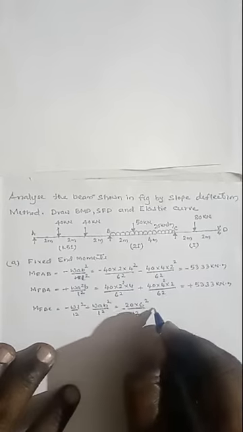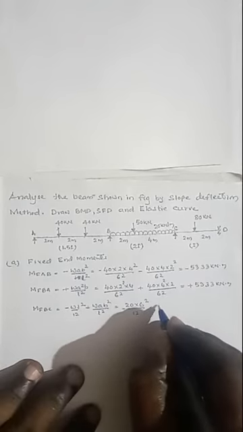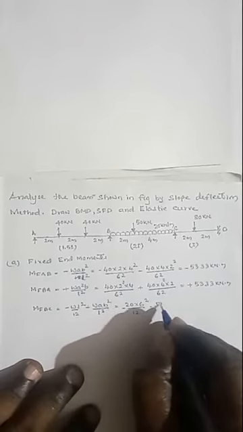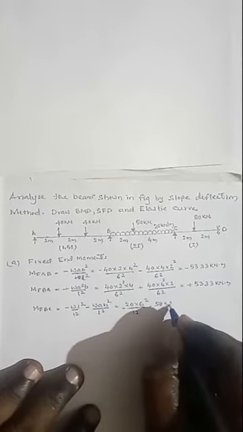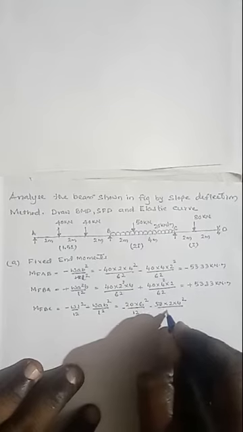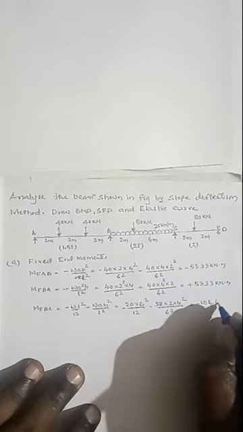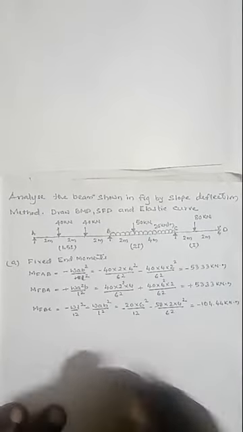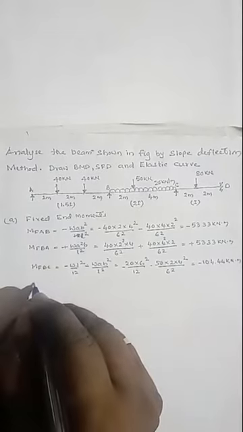This one is anti-clockwise. Similarly for point load, that is 50 into a is 2, b is 4 square divided by L square, that is 6 square. This one is 104.44 kilonewton meter.